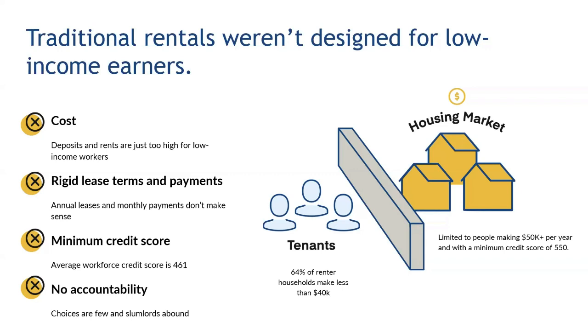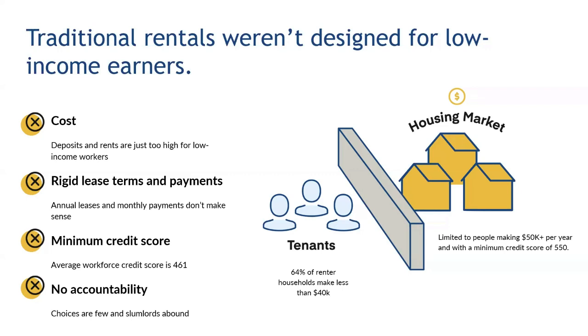And so as an investor and owner of a property, you can set up a property to do room-by-room rentals. Like I was outlining in this slide, the costs for deposits and rents are very high for low-income workers.